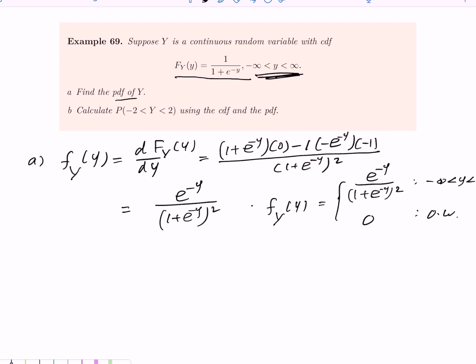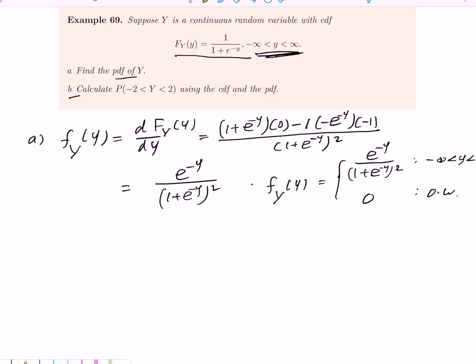So part B, calculate the probability. Okay, how do we calculate probability when we have a CDF? First, let me explain how to calculate probability when we have a PDF.